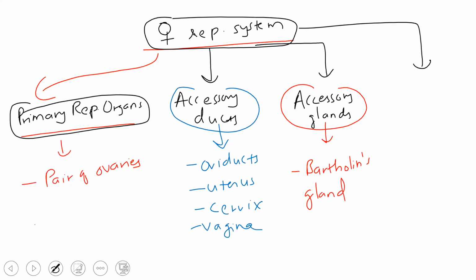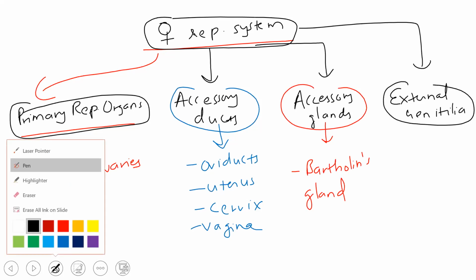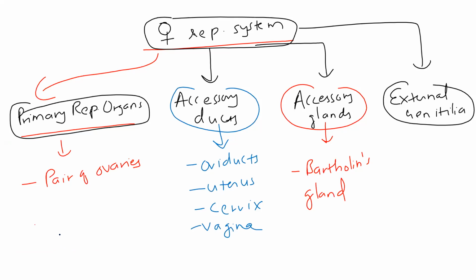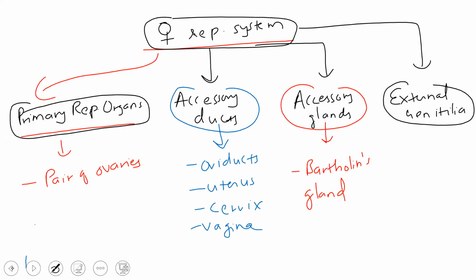And then finally, there is also something termed as external genitalia. In the accessory structures, the mammary gland is also considered. Mammary gland is also considered as an accessory gland, so you can also put mammary gland over here.